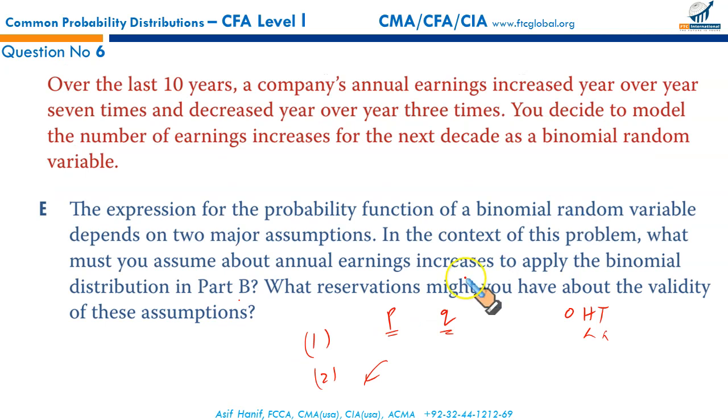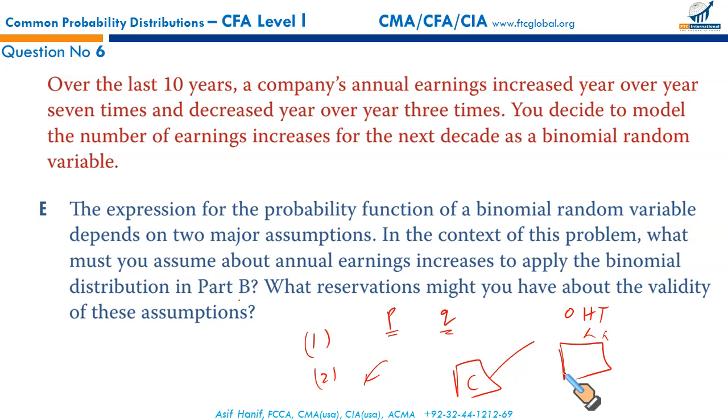Since we have just agreed that the probability of any subsequent trial is independent of the prior result of the previous trial, hence taking your current year as a base and predicting the returns for the future period, well, that's the violation of the assumption. Past earnings should not help us forecast next year earning using binomial distribution model.